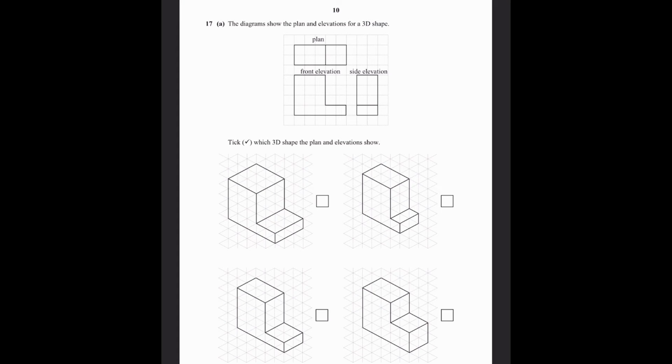17a. The diagram shows the plan and elevations for a 3D shape. Tick which 3D shape the plan and elevations show. So let's look at the top part. The width is 2 units. Then there's a length of 3 units and then a length of 2 units for the length. So now let's look at the side elevation.